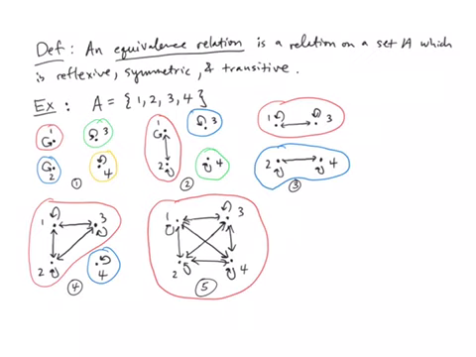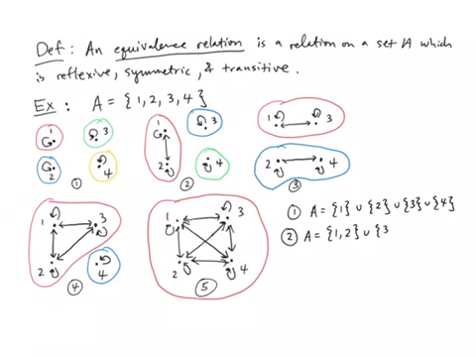So the first picture corresponds to taking our set A and writing it as the set containing 1 union the set containing 2 union the set containing 3 union the set containing 4. And the second picture corresponds to writing A as the set containing 1 and 2 union the set containing 3 union the set containing 4.